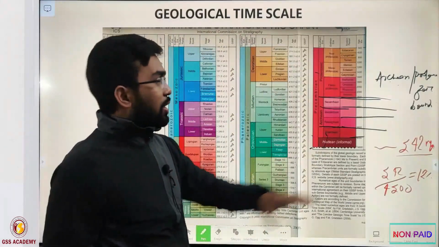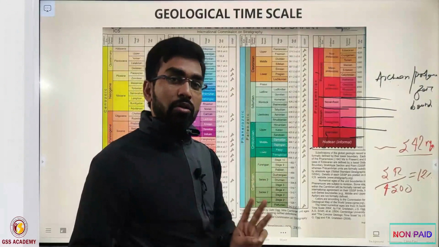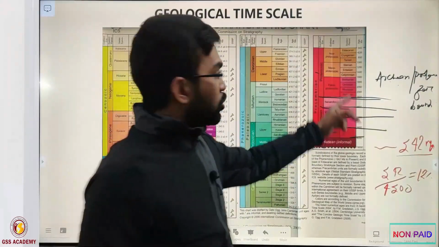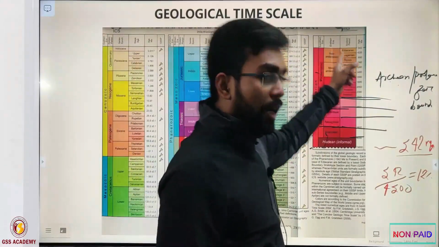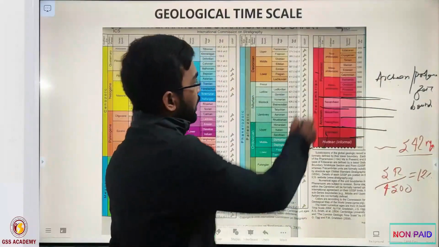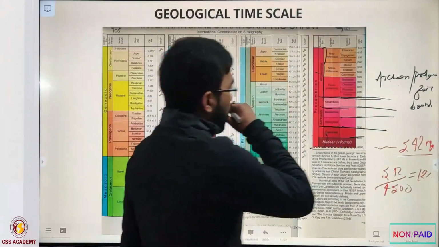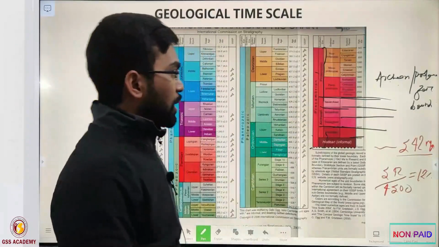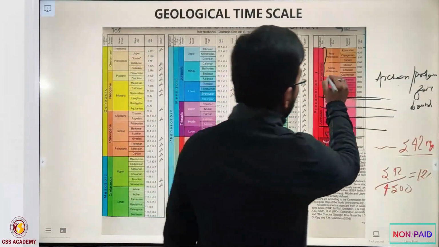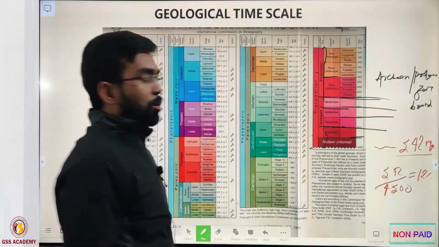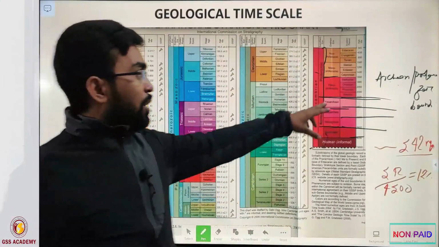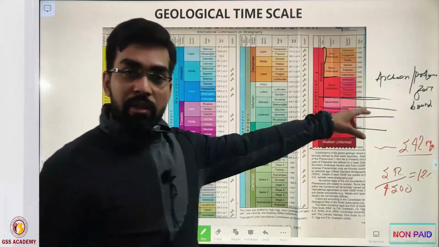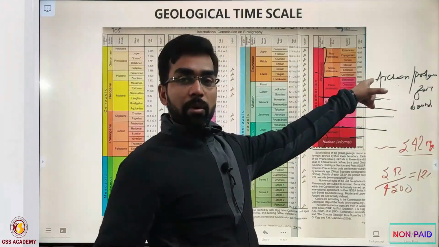Again, Proterozoic is also further divided into three parts: Paleoproterozoic, Mesoproterozoic and Neoproterozoic. The broader ages of these are also important. Paleoproterozoic falls from 2,500 million years to 1,600 million years.